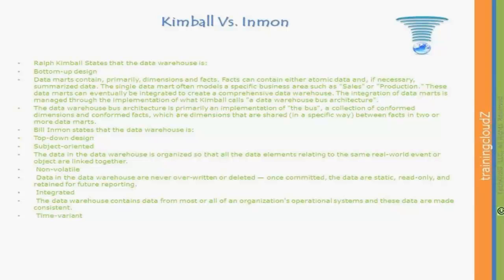It is time variant. The data keeps changing with time, always. When we call it non-volatile, with no deletions and no updates, it doesn't mean that the data is not going to change, which means you keep getting new data. That is always there. The entire data warehouse is not static. The data inside it is static.